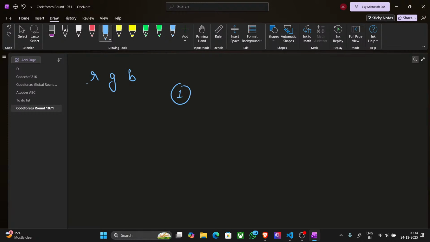I cannot identify with RGB alone which one is closer or farther. So I can just take R as 0, G as 1, and B as 2. So 0 will say that it is the closest path to 1, 1 will say it is the second closest path to 1, and 2 will say it is the third closest path to 1.